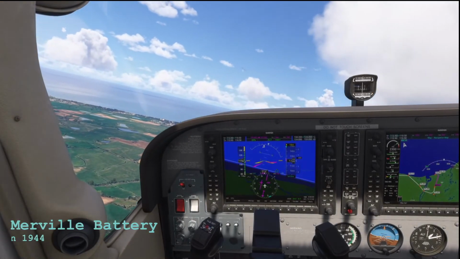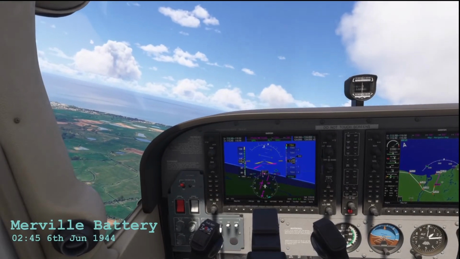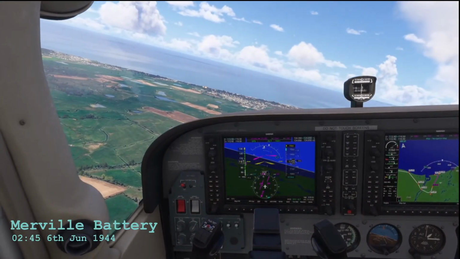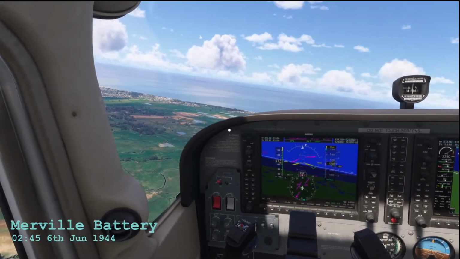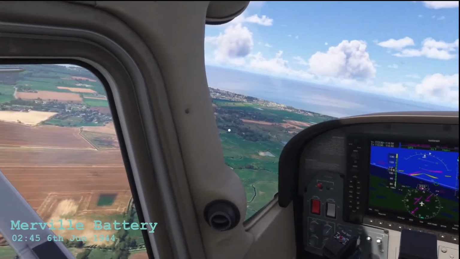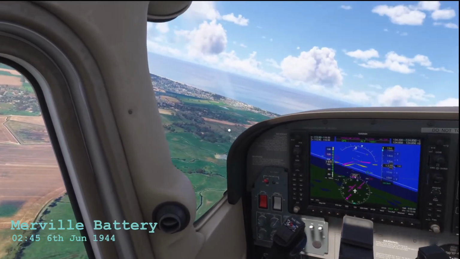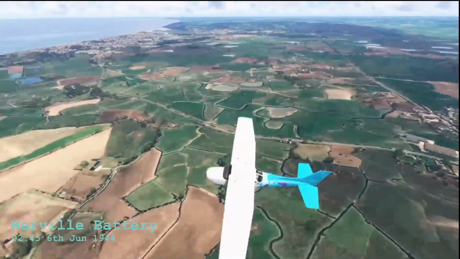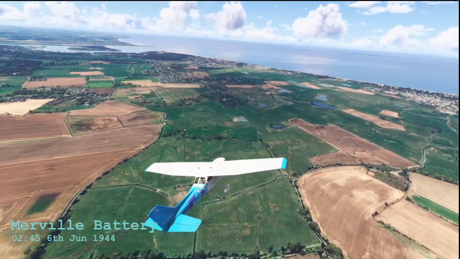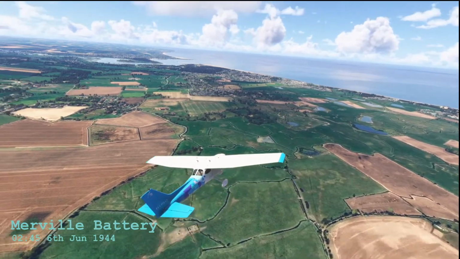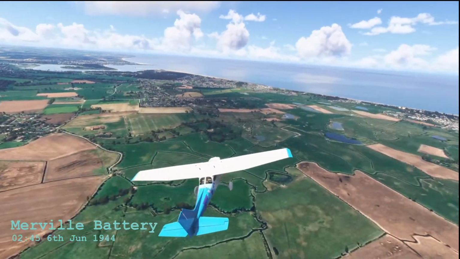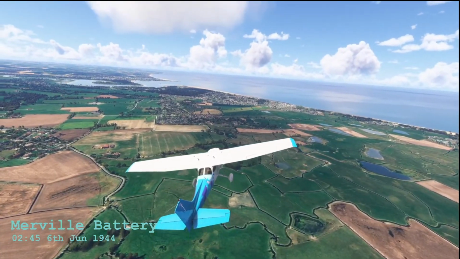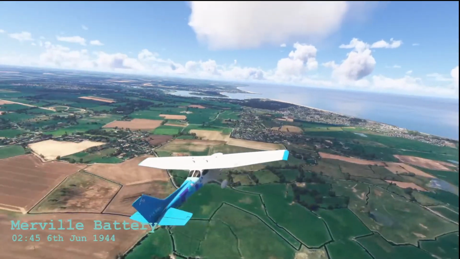So the time and date, we've got to 2:45 in the morning, and we're at the Merville Battery. This is an area to the east of the River Orne, which you can see there on the horizon, middle distance.